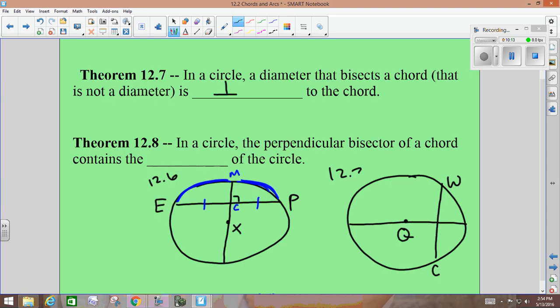Here's my diameter. If your picture looks like this, or the diameter is bisecting the chord, then you can assume that it's perpendicular. Again, they just go backwards. If a chord is perpendicular to a segment, then it's getting bisected. If the chord is getting bisected, then I know that it's perpendicular.